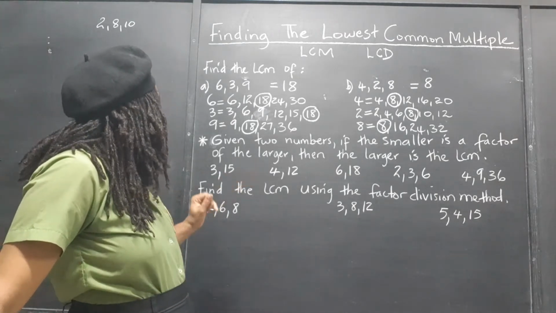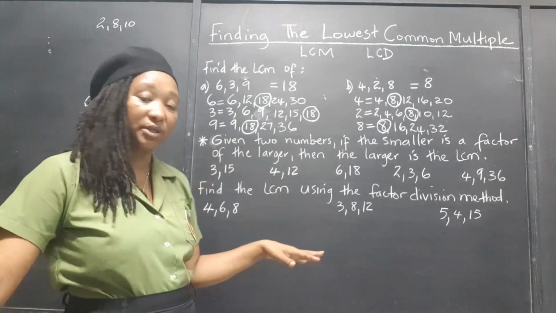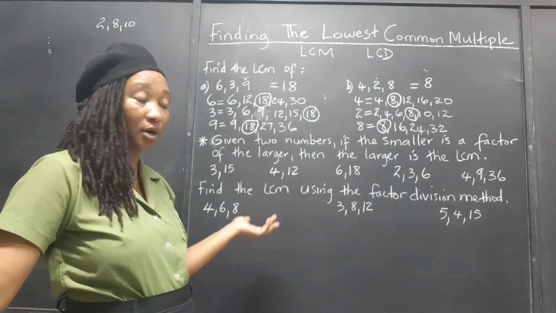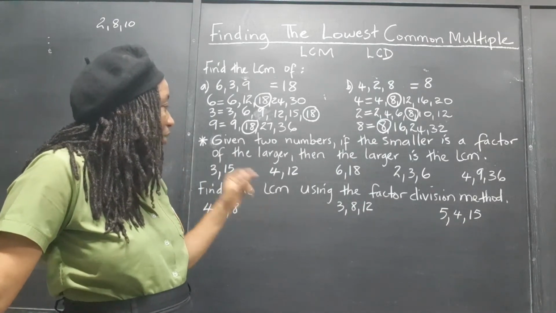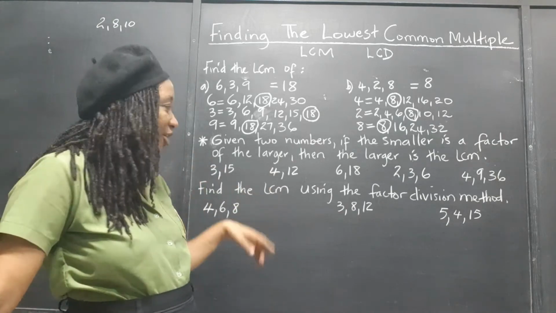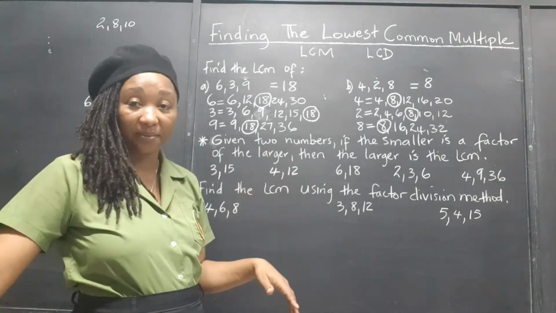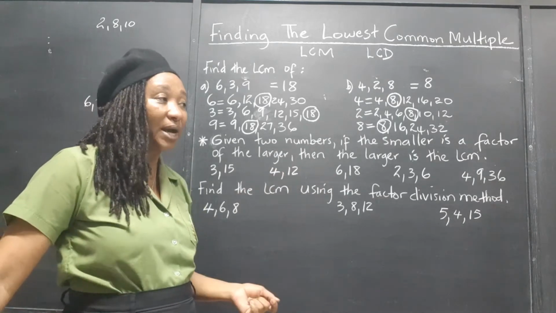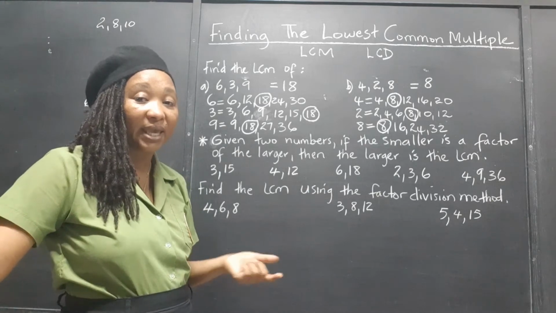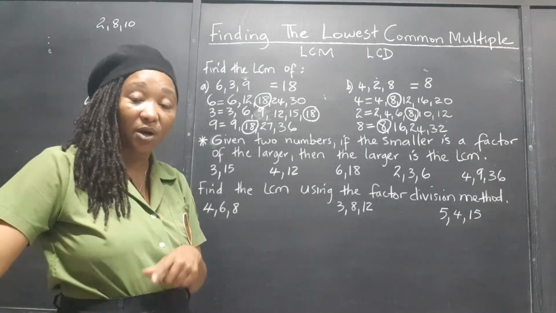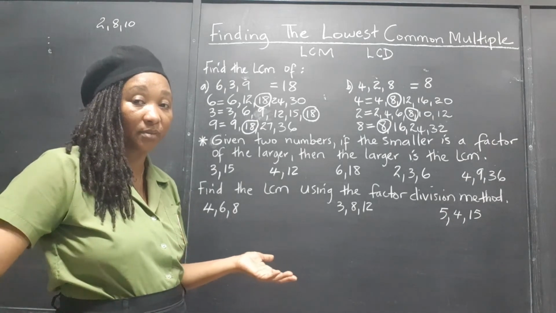Here's the other method. This method says, given 2 numbers or more, if the smaller one is a factor of the larger one, then the larger one is the LCM. So likewise, if you're given 3 numbers, if the 2 smaller ones can go into the bigger one, the biggest one is the LCM, right?